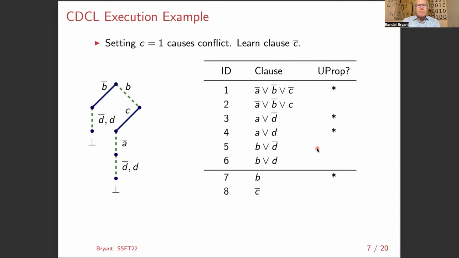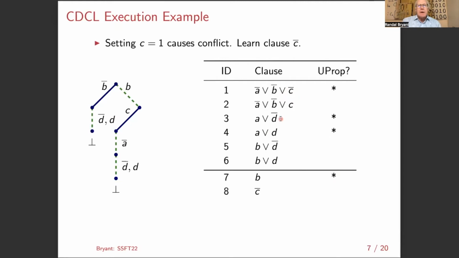So let's pick variable c and let's just try assigning it value 0. Well, again, I get a propagation here because I've assigned b to be 1 and c to be 0. And so this first clause will cause a unit propagation of a bar.